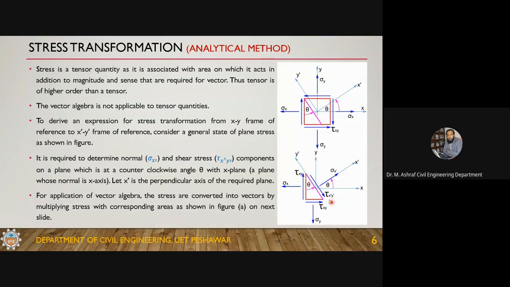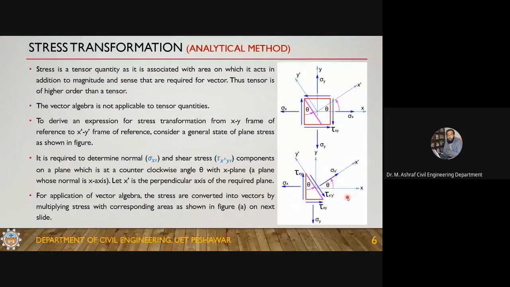This plane is subjected to a shear tau x prime y prime and a normal stress sigma x prime. On this plane there must be a normal stress and a shear stress acting, and it is my requirement to derive an expression for sigma x prime and tau x prime y prime.